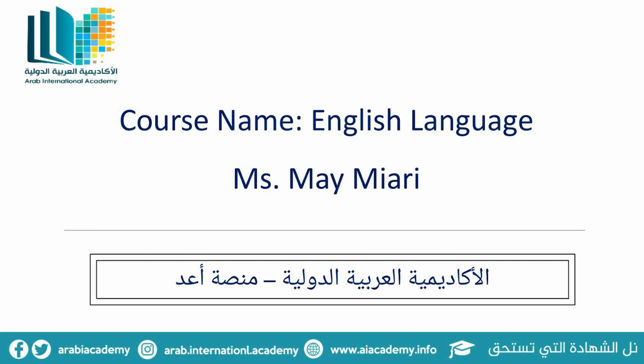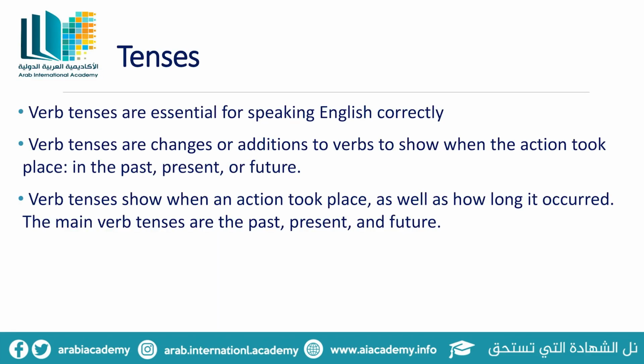Maimi from the Arab International Academy, and today I'm going to explain the main verb tenses in English grammar that are the past, present, and future. As we all know, the verb tenses are very important for speaking English correctly.